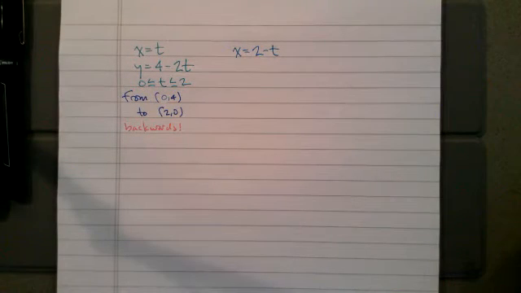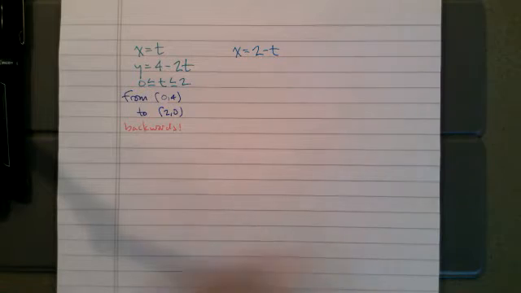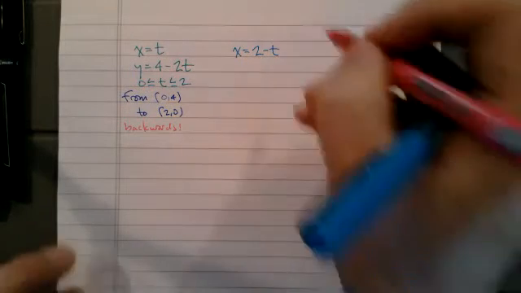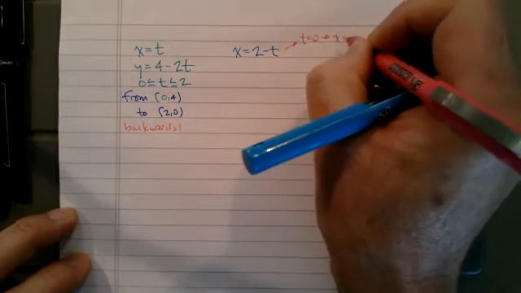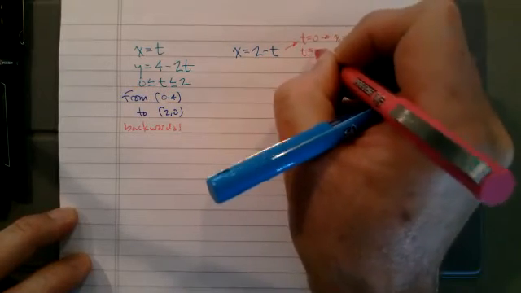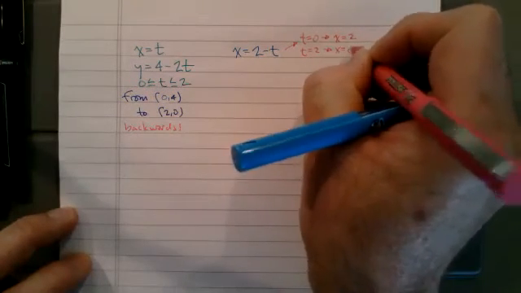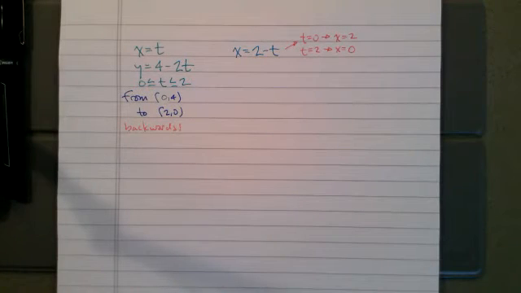Now when t is 2, x is 0, and when t is 0, x is 2. So that's how we switch the direction. Just take the endpoint and subtract the parameter, and that'll make the x's run the other direction.